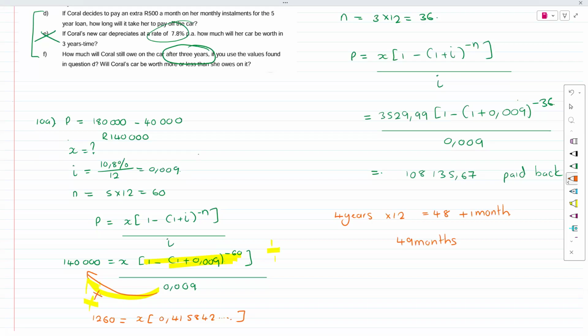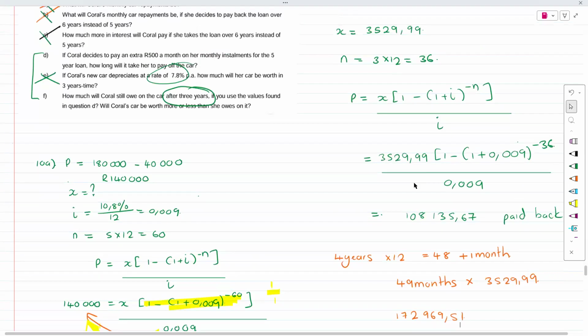Now that we know she was supposed to pay this back in 49 months, we can say 49 months multiplied by her monthly payment of this value, 49 times 3529.99. Okay, and altogether she was going to pay 172,969.51.